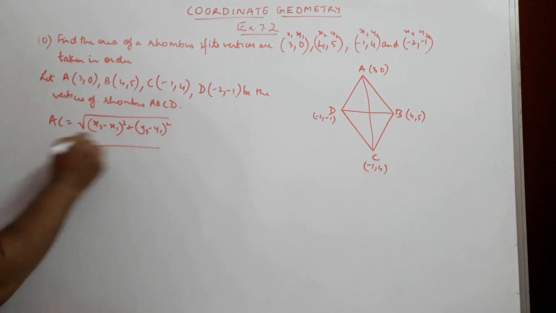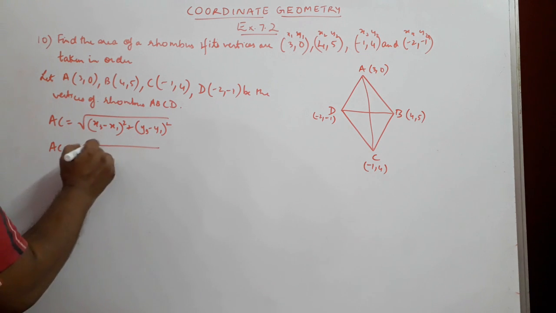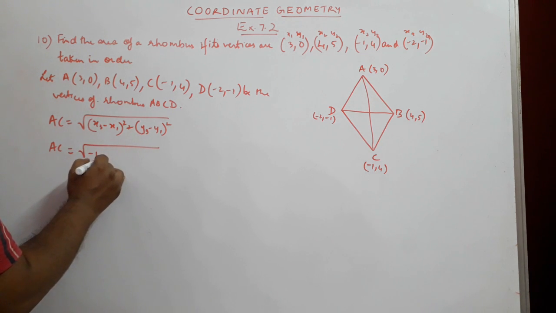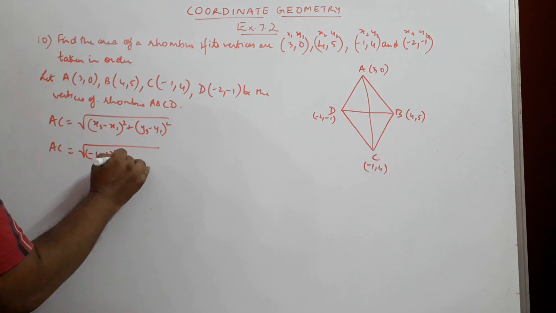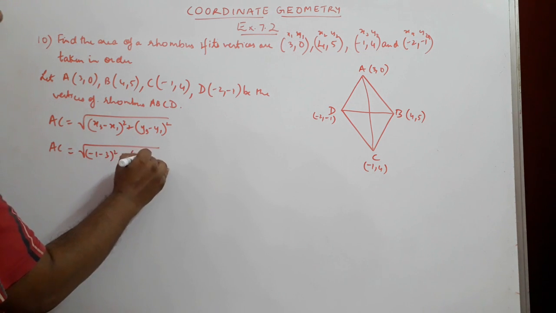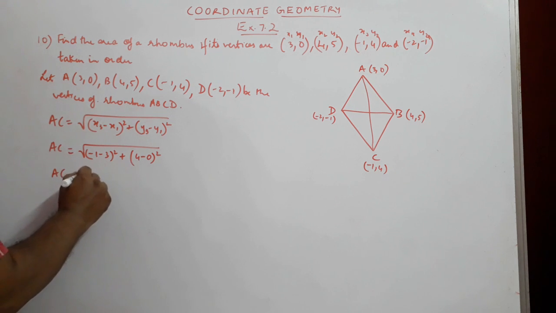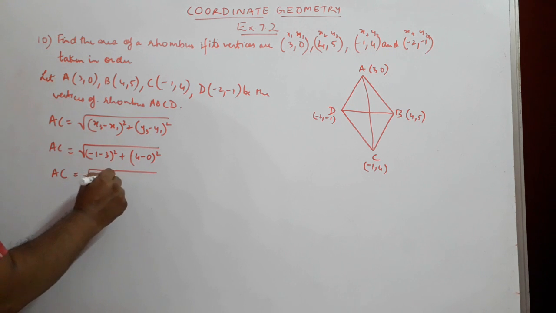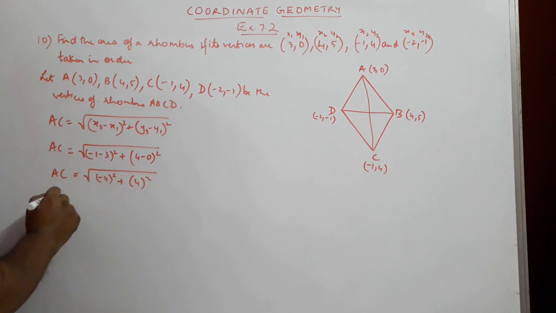Let us find out what is AC. x3 is minus 1 and x1 is 3. So that will be minus 4 whole square plus y3 is 4 minus y1, which is 0, whole square.